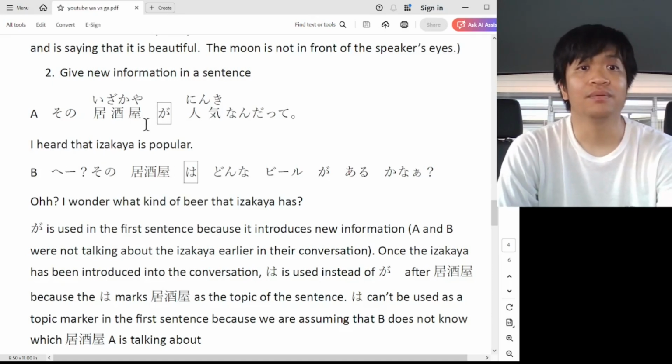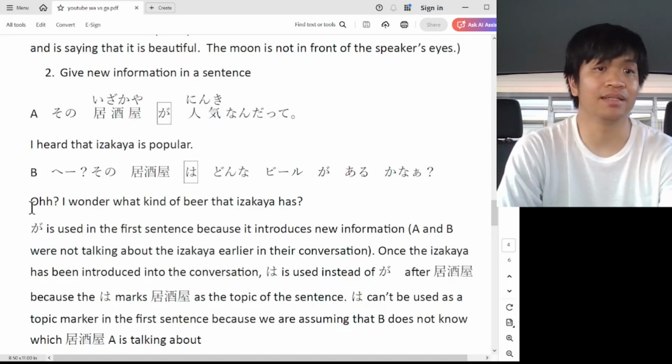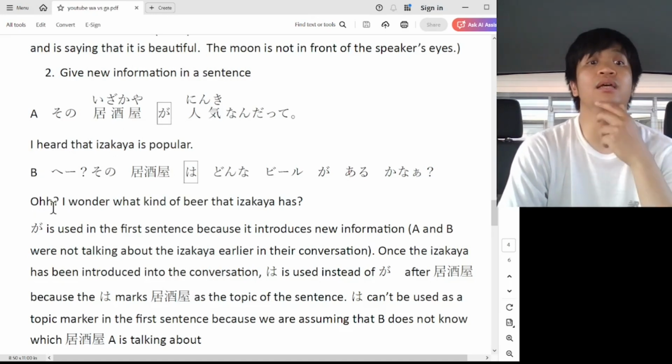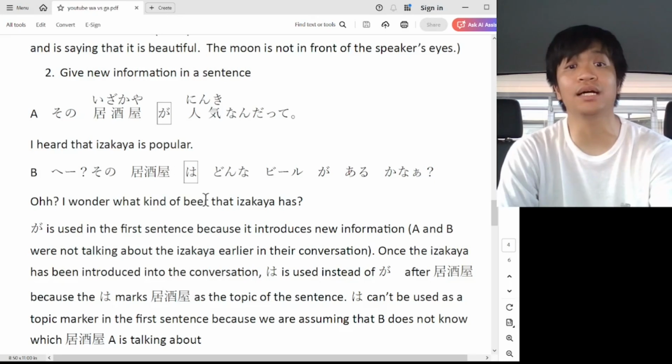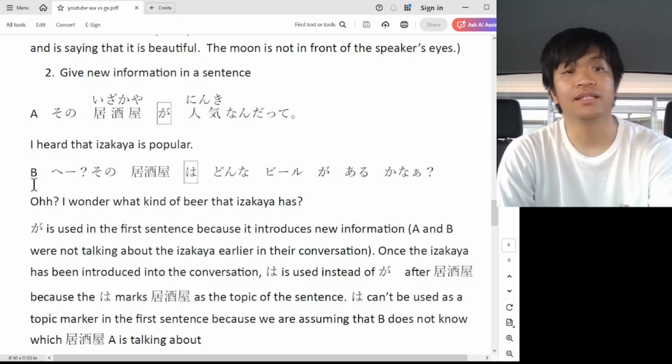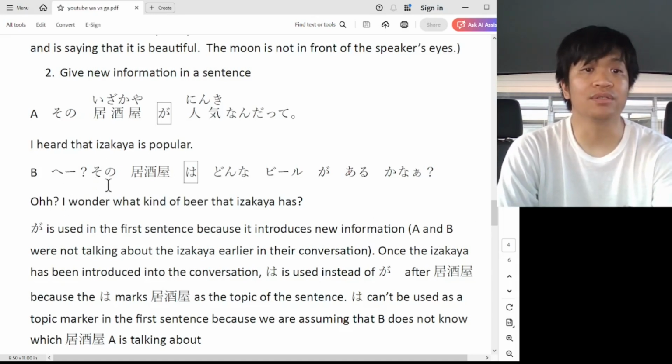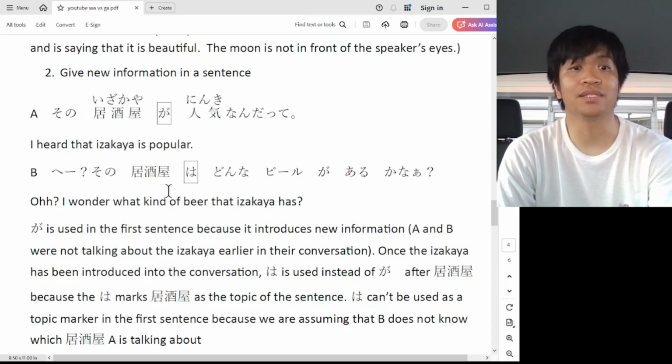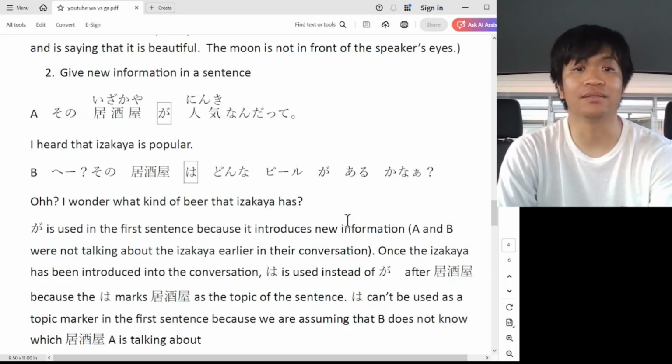So here, the new information is about the izakaya. And then B would say, へえ、その居酒屋はどんなビルがあるかな? This へえ, that's oh. その, that, izakaya, that's a bar. Wa, this is the topic marker. Donna, what kind of? Biru, beer. Ga aru kana? It has.